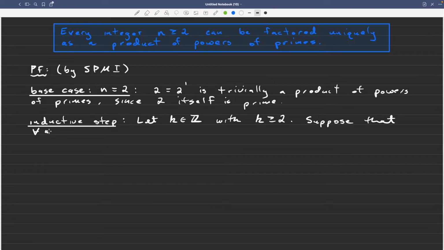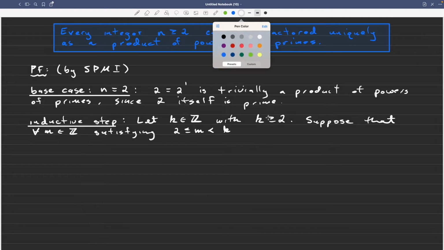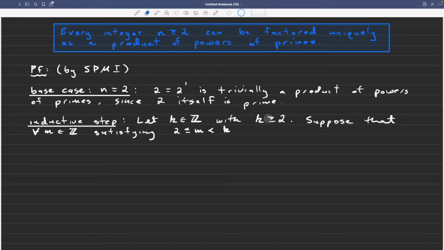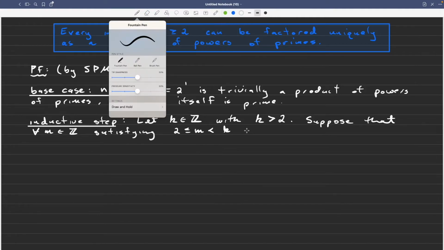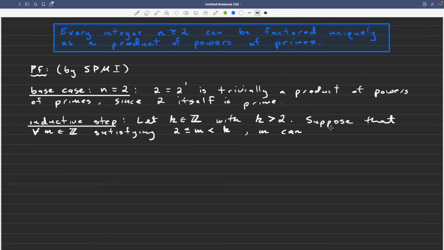So suppose that for every m in the integers satisfying m greater than or equal to the base case, but less than k. I suppose if we want to make this make sense, when we set up what k is, we want to say that k is strictly greater than the base case. So we suppose that every such m can be factored as a product of powers of primes.